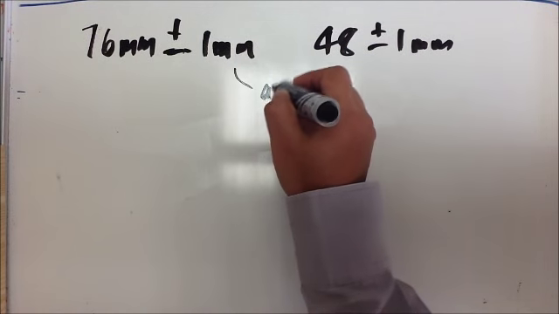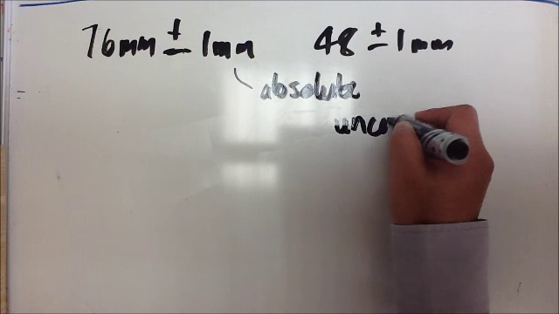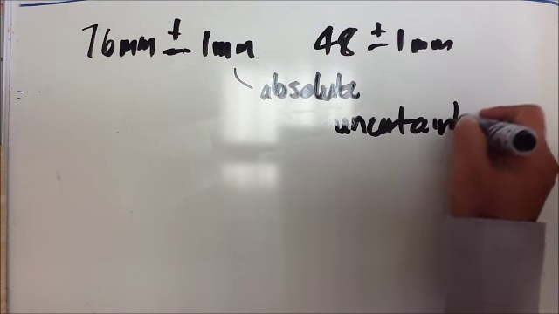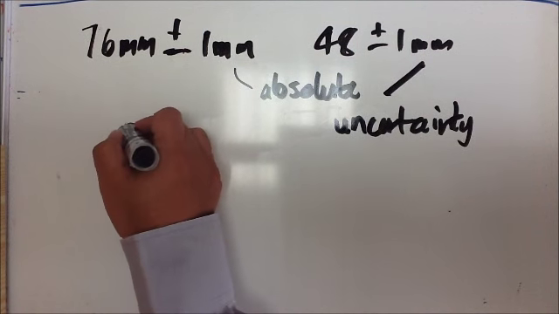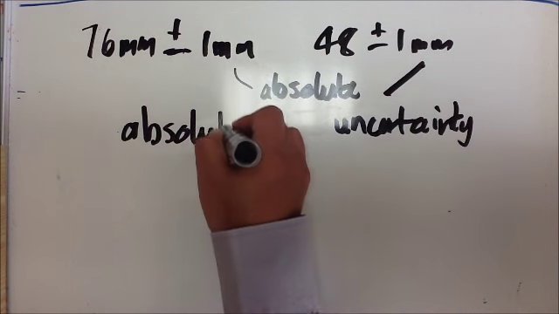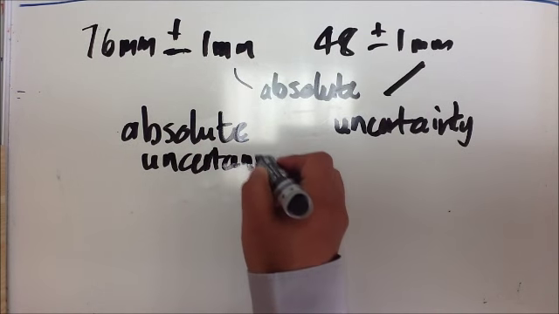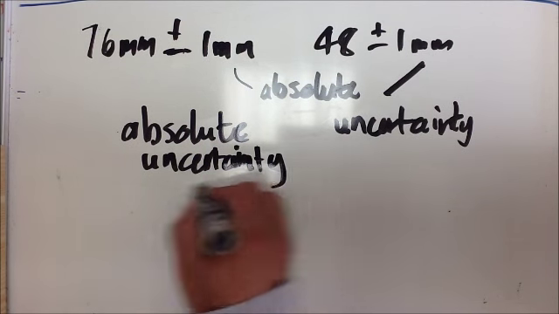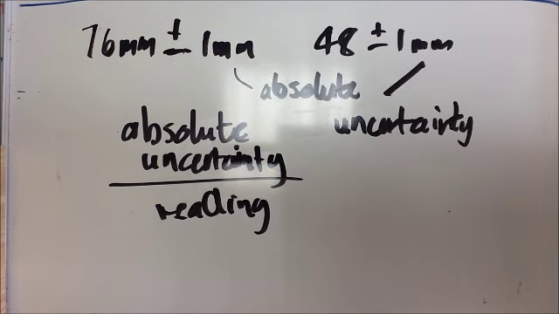So this here is the absolute uncertainty. When we take this absolute uncertainty and we divide it by the actual reading, we get what is called the relative uncertainty.